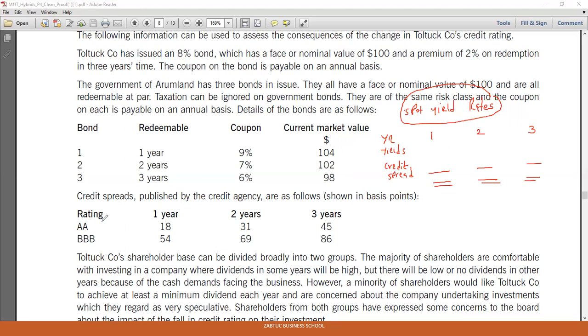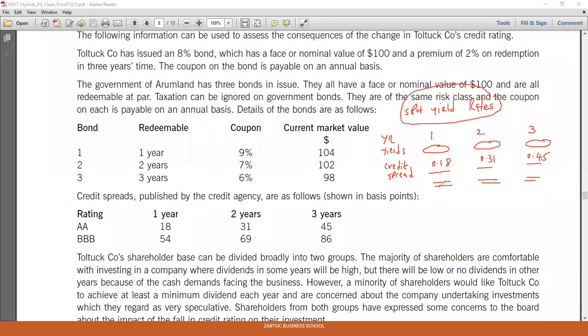So for the current under AAA, the spreads we are given are 0.18%, 0.31, and 0.45. So what was missing is the yields here, there, and there.